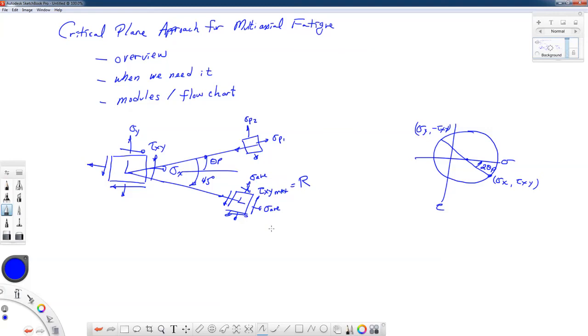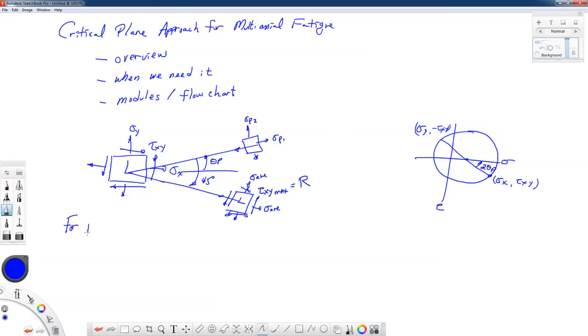stress state. Now, if these stresses change with time, that's how we get fatigue. They increase and decrease. We have stress reversals, or strain reversals that give us damage. If these stress components are proportional to one another, then the directions of the principal stresses and maximum shearing stress remain fixed.